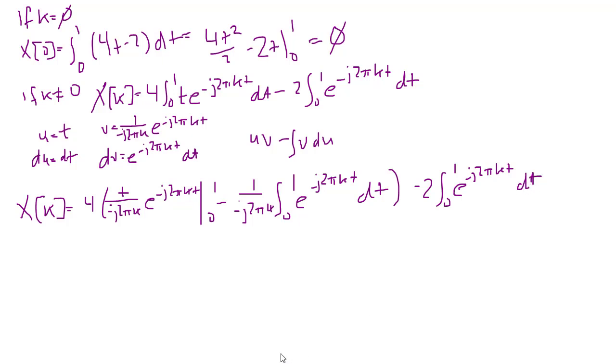So now we're going to skip some of the steps, but by simplifying this, you get that the final answer is negative 2 over j pi k, or 2j over pi k. I encourage the viewer to go through and complete all of these steps to see how we arrive at this final answer.